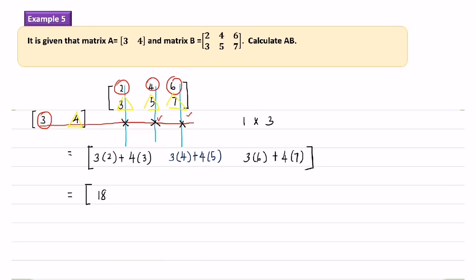So 12 plus 20 is 32. 3 times 6, 18, plus 4 times 7, 28. 3 times 6 plus 4 times 7 equals 46.